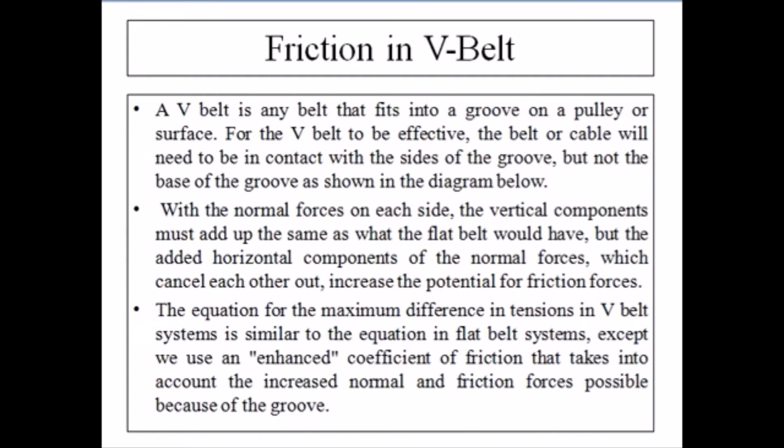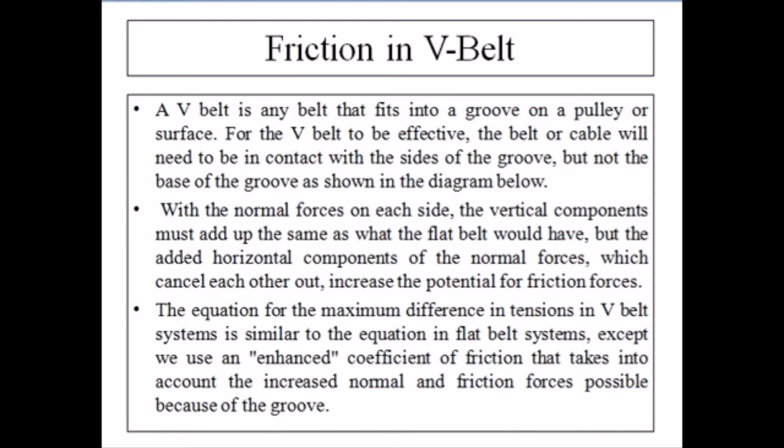But the added horizontal components of the normal forces, which cancel each other out, increase the potential for friction forces. The equation for maximum difference in tensions in V-belt systems is similar to the equation for the flat belt, except we use the enhanced coefficient of friction, as I have explained in the previous part of the diagram. That takes into account the increased normal forces possible because of the groove.